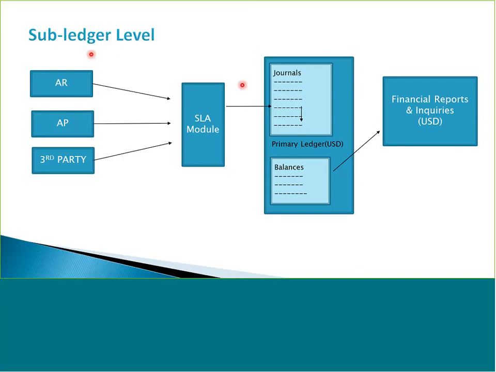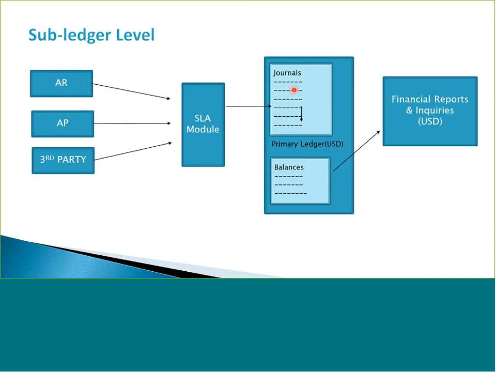So what would happen if this was journals level and not sub-ledger level is that when we run the import program and bring in the journals from these sub-ledger modules, the SLA module will create the accounting and produce the journals here.